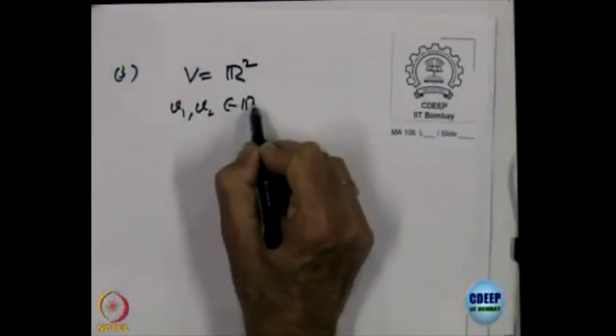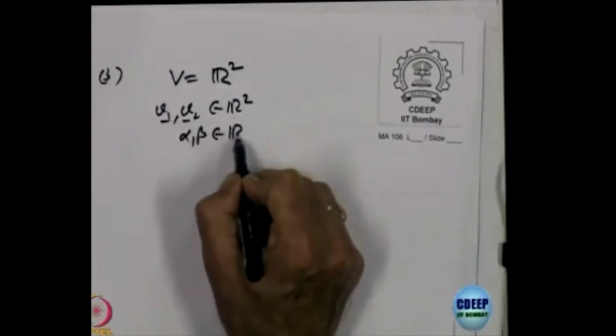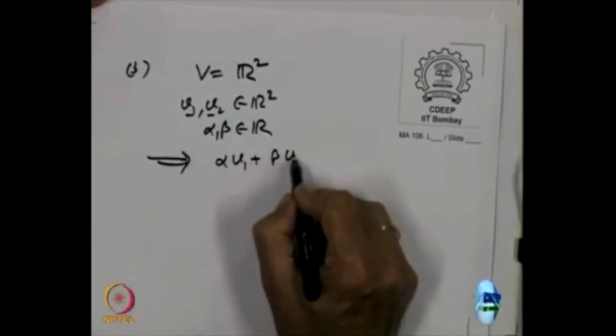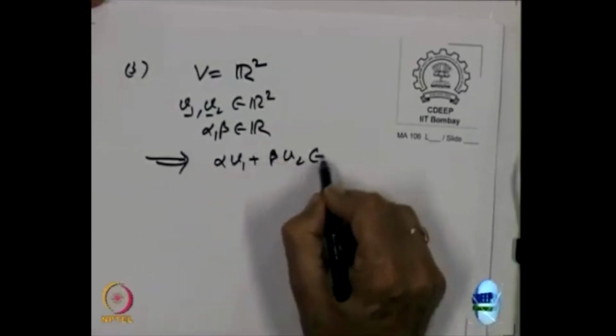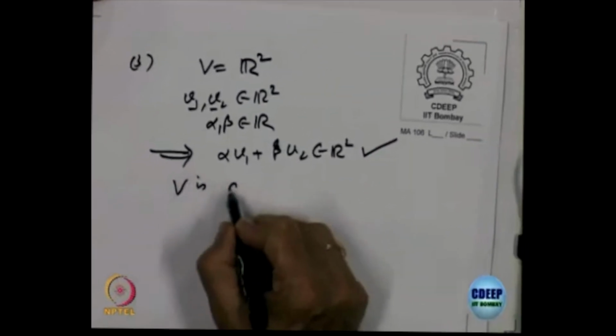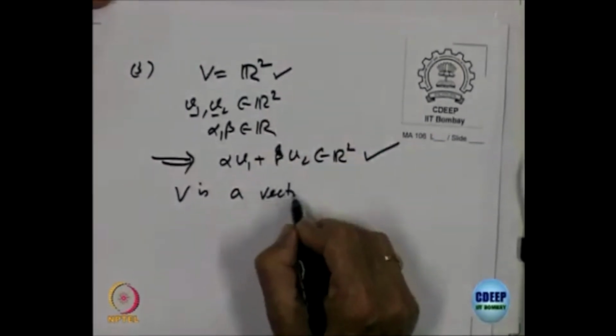Yes, it is, because if V1, V2 belong to R2 and alpha, beta belong to R, does this imply that alpha V1 plus beta V2 is again in R2? Yes, it is a vector again. So V equal to R2 is a vector space.